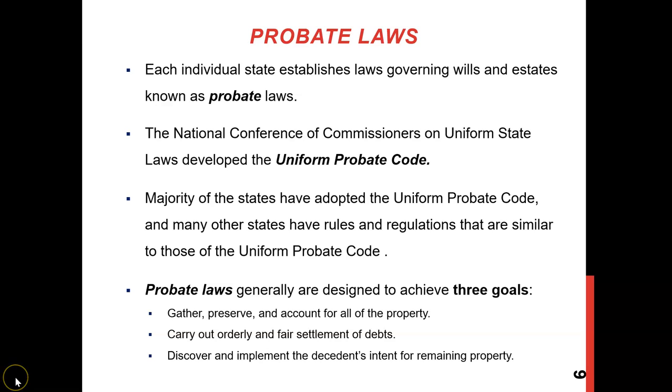These probate laws, whether from the Uniform Probate Code or state-specific, have three specific goals: to gather, preserve, and account for all the property of a dead person, then settle all the debts, and then also discover and implement the decedent's intent for remaining property.